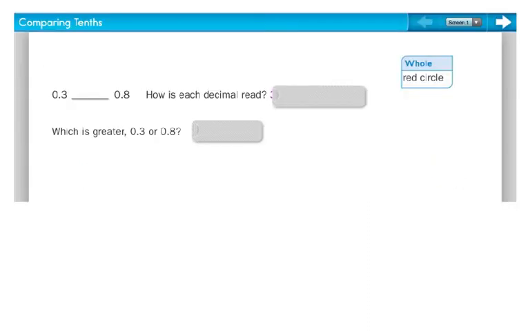And I want you to think back to our fractions, because we're going to now compare fractions and decimals as ways to name the same number. So in this case, this decimal is read 3/10. I would think of a circle, and that circle having 10 equal parts.